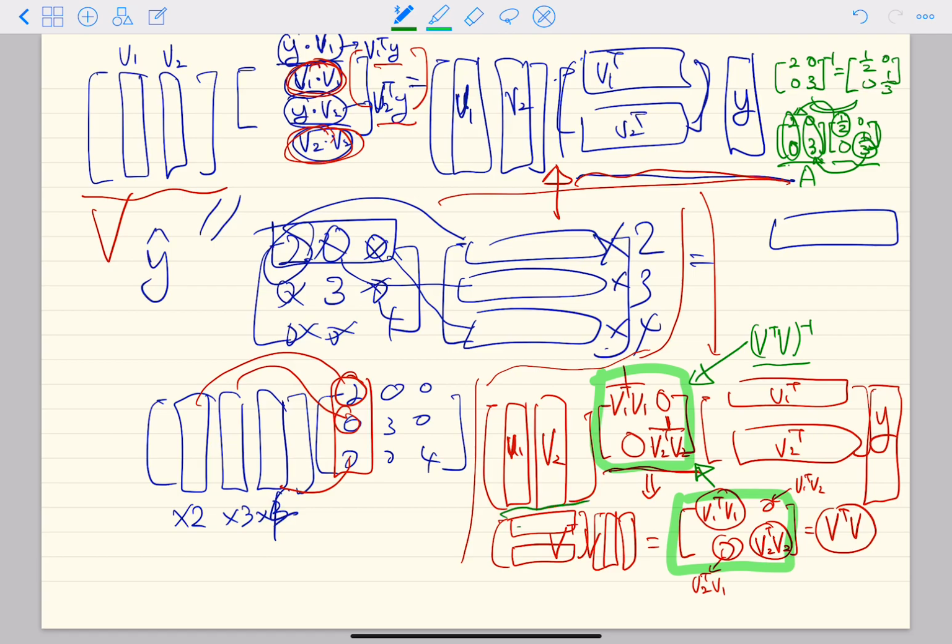We have V over here, and then V transpose V inverse in the middle, and then V transpose and Y. So it's really a lot of V's, 4 V's.